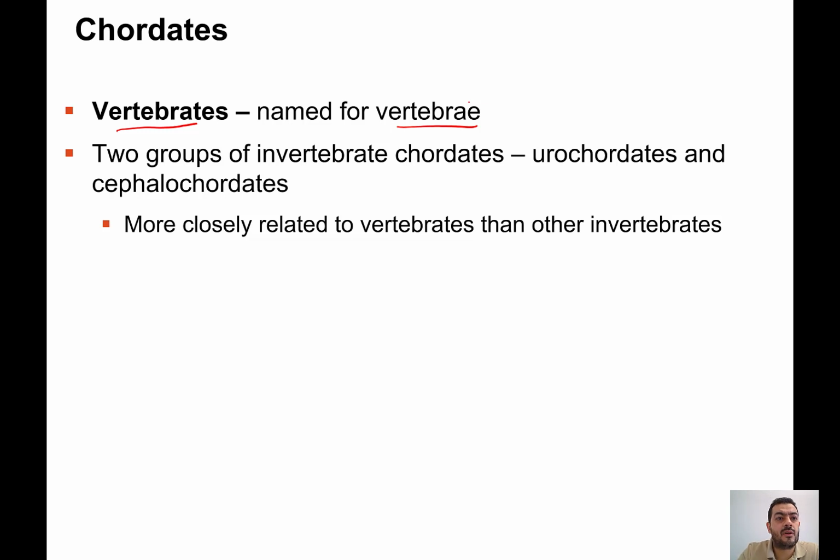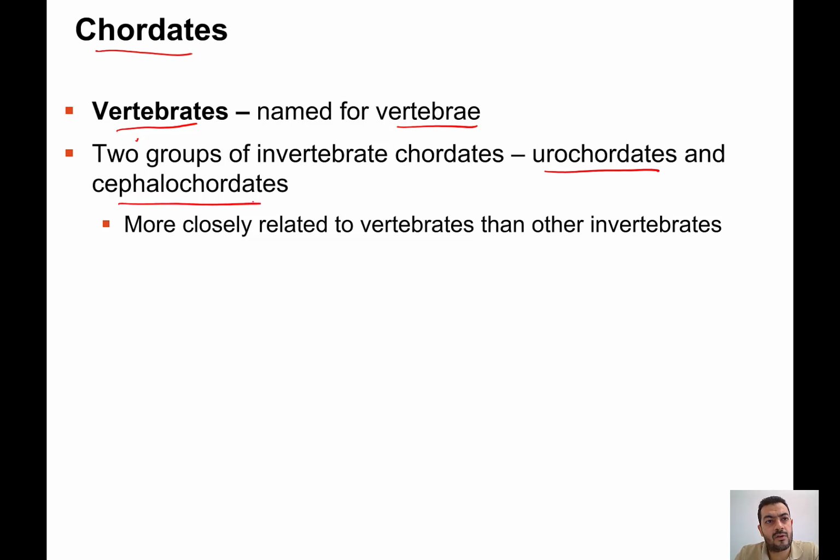But some invertebrates are still included in the chordate phylum. So the chordates as a phylum include both vertebrates and invertebrates. And two specific invertebrate groups that are included in the chordates are the urochordates and the cephalochordates.